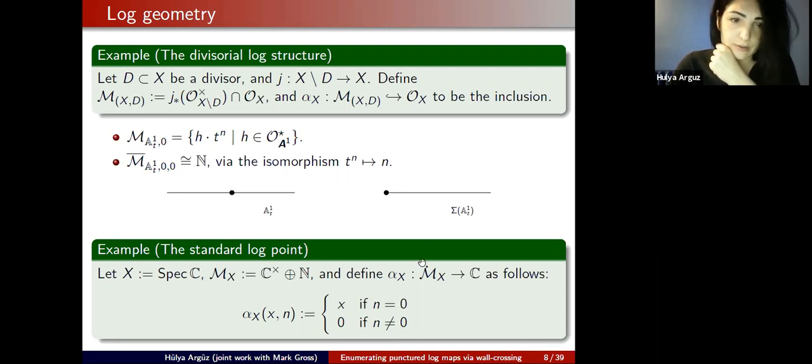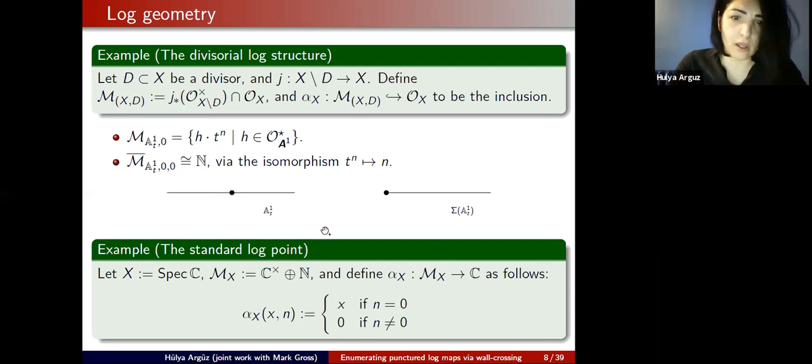It's given by taking your sheaf of monoids as C star direct sum N, and defining the map alpha to your structure sheaf, mapping a pair (x, n) to either x or 0, depending on whether n is 0 or not. So this is a particular log structure on the log point. There are many log structures you can define. You can also define the trivial log structure, in which case you would take M_X just C star, and your map alpha will be the inclusion.